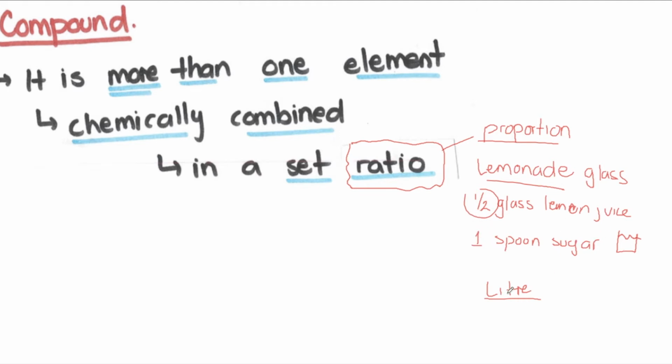So let's say I know that in a liter there are 4 glasses. That means that I have to multiply this one by 4. So I know that I need 2 glasses of lemon juice.